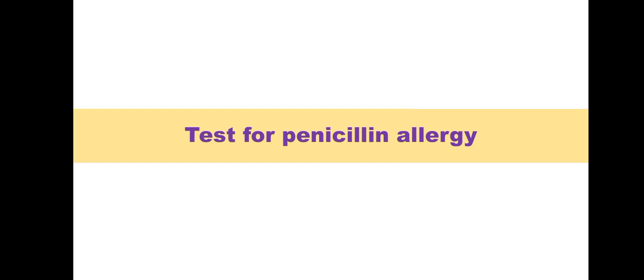If a local reaction develops, then this shows that the person is allergic to penicillin, and that's why one should avoid penicillin in such a case. For the scratch test, a small amount of penicillin is given through the intradermal route because we want to see whether a dermatological reaction develops or not.